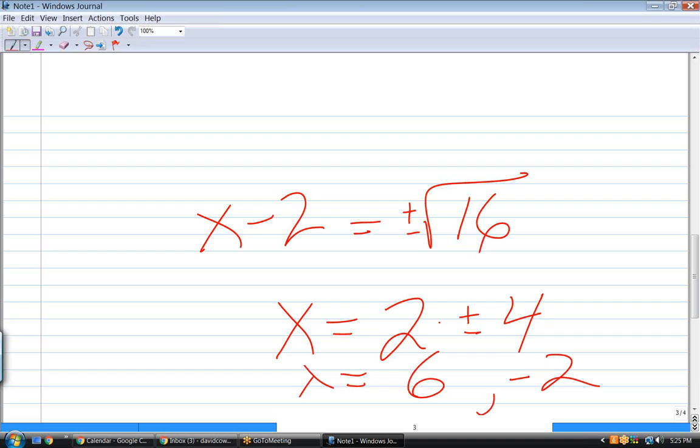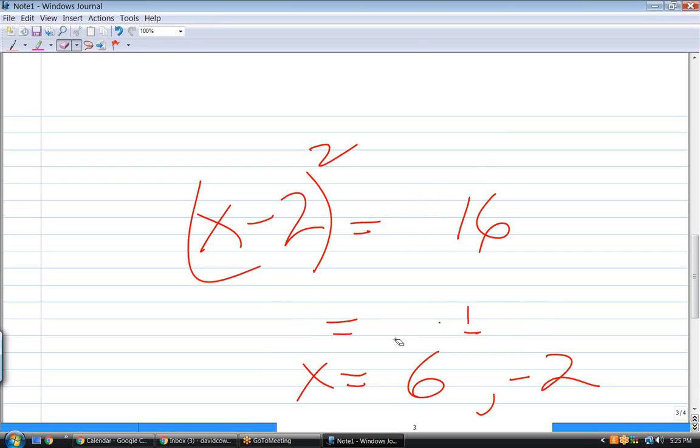If I want both answers, I've got to include that in it. Remember, this came from that step. And it's a quadratic. You would expect there to be two answers. Most quadratics are going to have two answers, just like a linear function has only one answer.